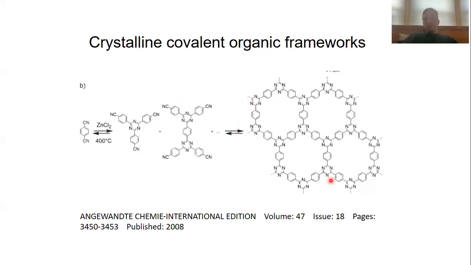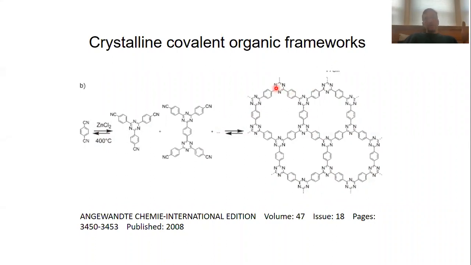But once that crystalline organic framework has been formed, and you just cool this down to room temperature, and you just dissolve your zinc chloride in water, okay, you have a chemically quite stable structure, okay. So these carbon-nitrogen bonds, they do not hydrolyze under ordinary conditions.